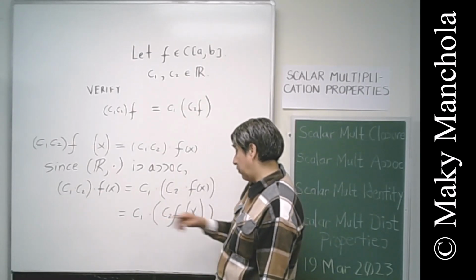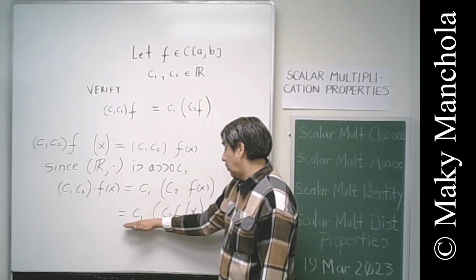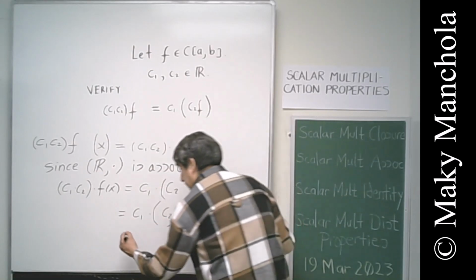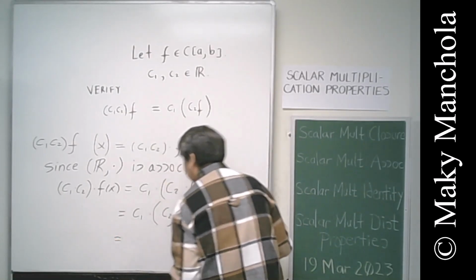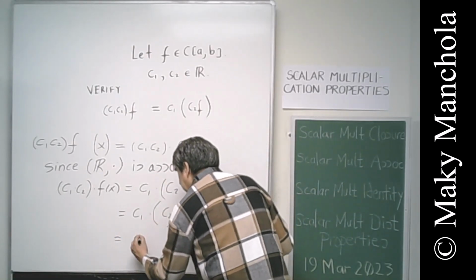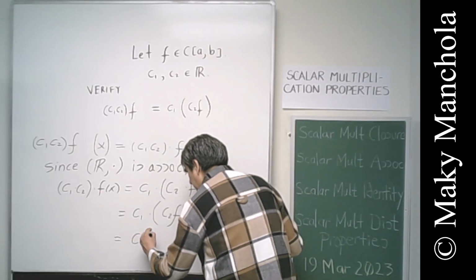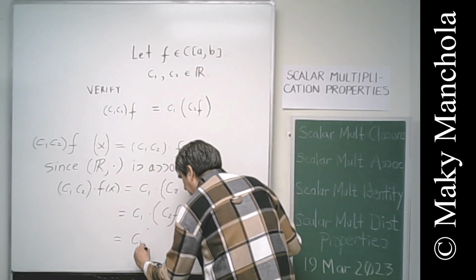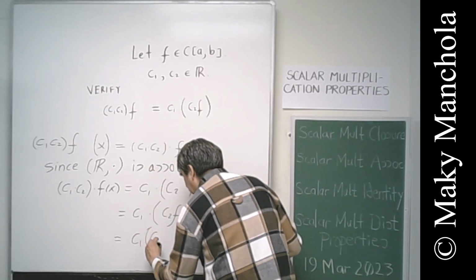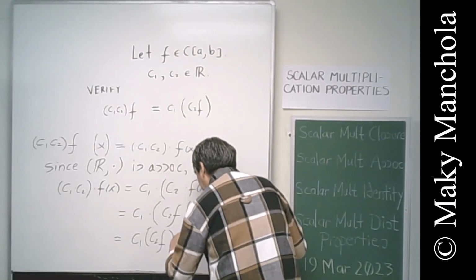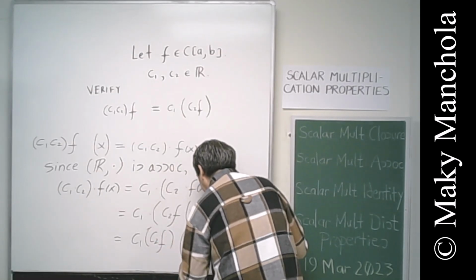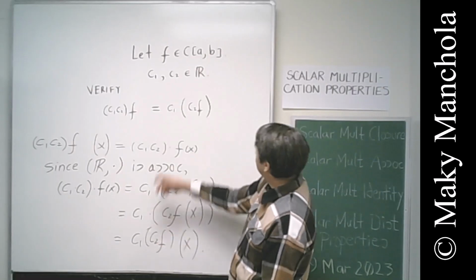But this is scalar multiplication, so what is the meaning of that? That is the function c1 multiplied by c2f evaluated at x, which is our right hand side.